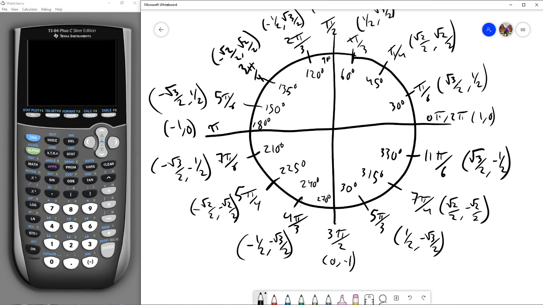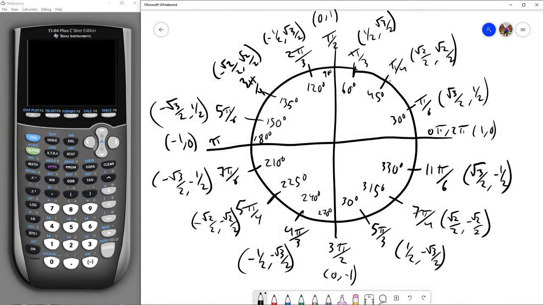If square root 3 over 2 is the larger value, then I know this length here in the x direction has to be square root 3 over 2, whereas here the x is shorter, a shorter length in comparison to y, so it has to be the half. Alright. That is one way to keep track of these.